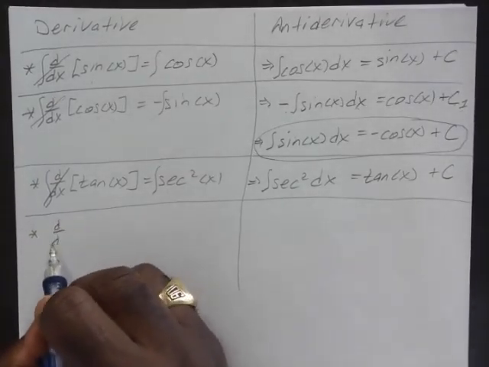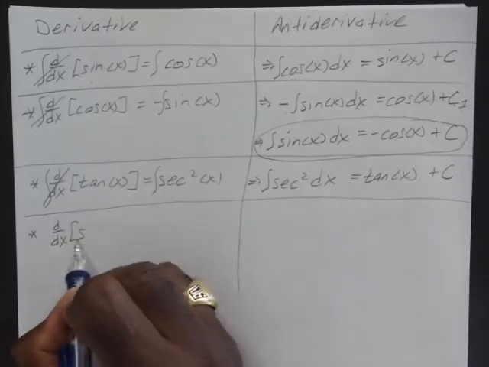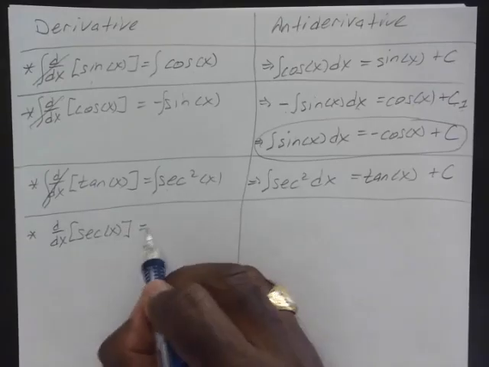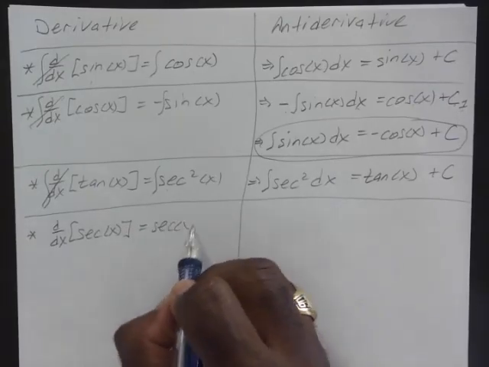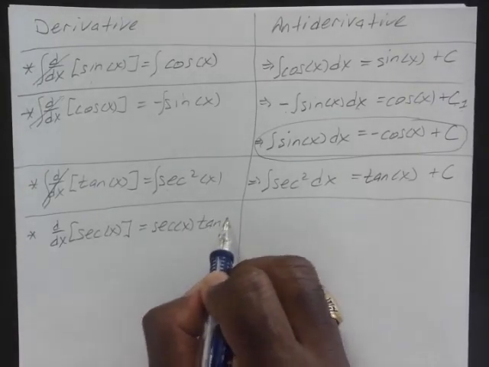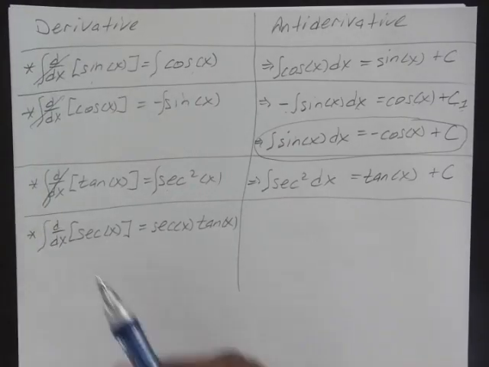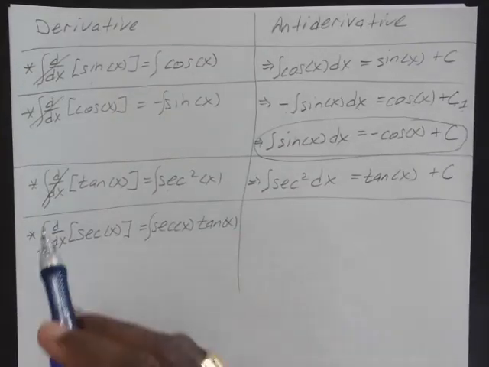And we know the derivative of secant is equal to secant times tangent. Take the antiderivative on both sides.